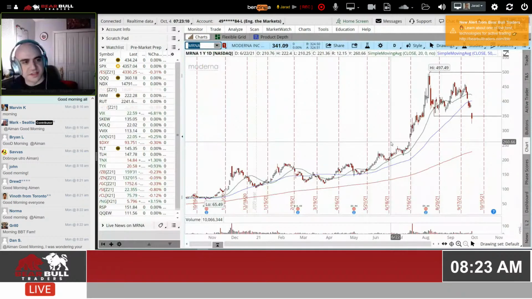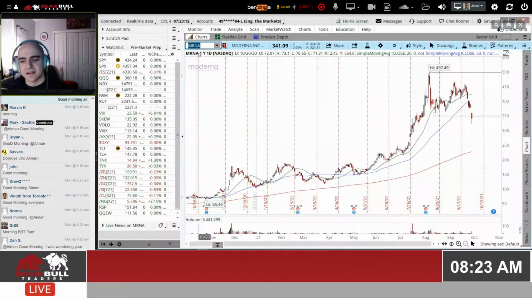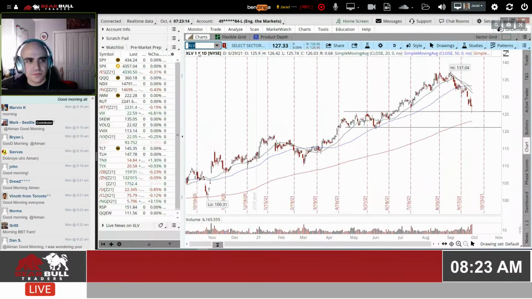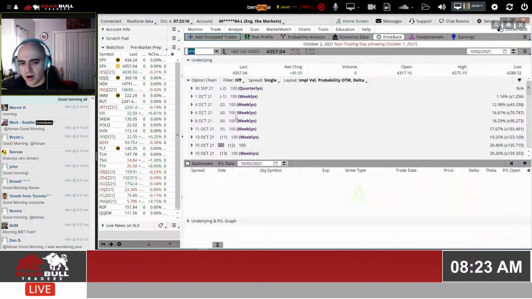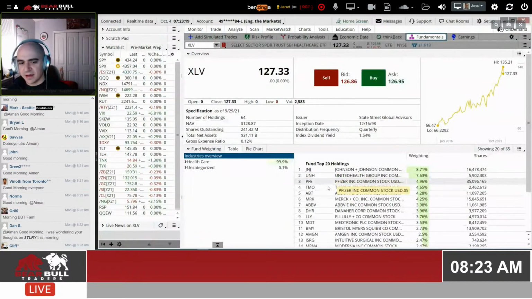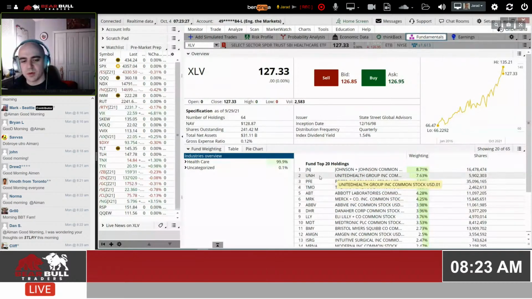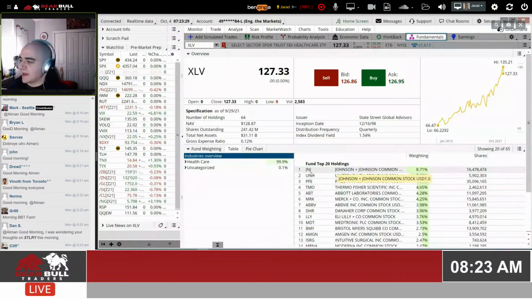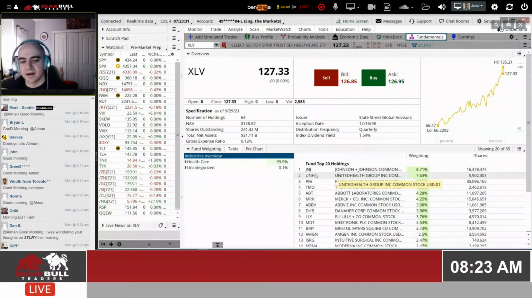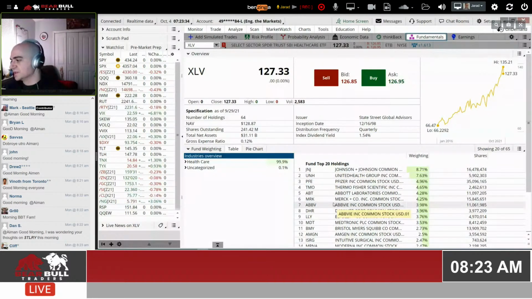When we look at the healthcare sector, I'll just switch over to the Analyze tab. There are a few names here that stand out. And when we look at Pfizer, we see that this market cap weighting is relatively high. The likes of UNH and J&J are going to be more important, but some of this downside and the recovery of healthcare may be dictated by some of the oversold conditions of these stocks.